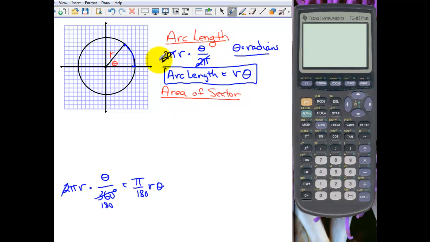Our second application in terms of formulas is sector area. We're talking about finding the area of this sector, and we can use the same scheme of a proportion or a ratio. The total area of the circle is pi r squared.